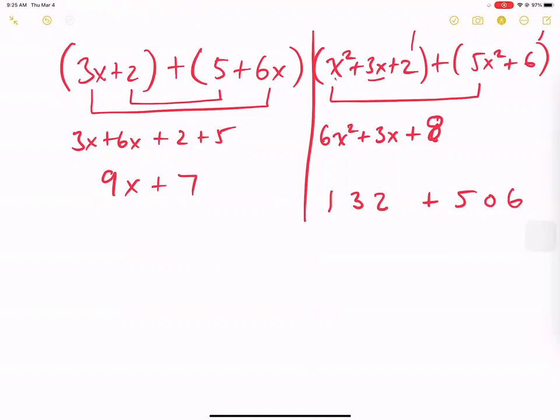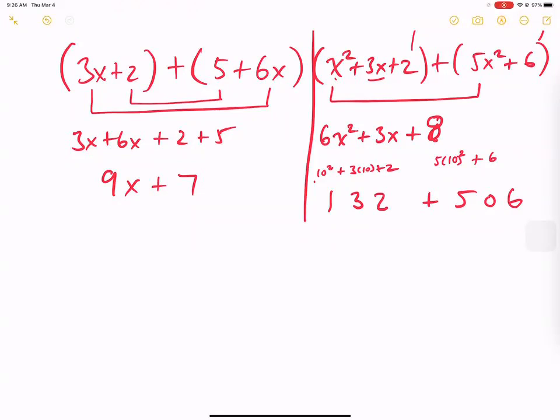If x was 10, that would be 10 squared is 100. Plus 3 times 10 is 30 plus 2. That's 132. 5 times 10 squared is 500, plus 6, 506.